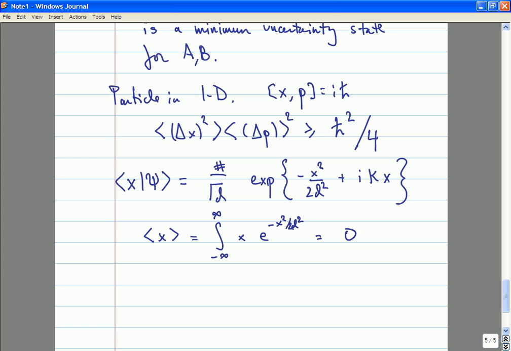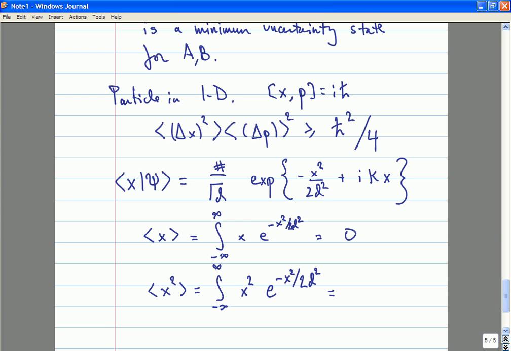So that one's easy. What is the expectation value of x squared? Well, that's the integral from minus infinity to infinity of x squared times e to the minus x squared over 2d squared. How do we compute that integral? Well, we compute it by dimensional analysis.